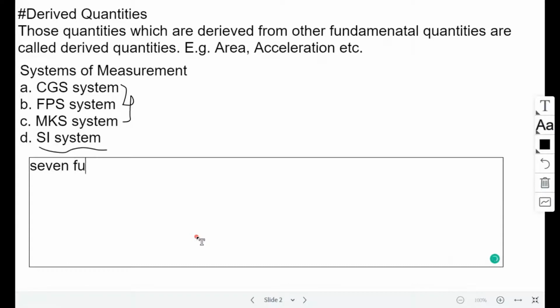Seven fundamental quantities used in the SI system.